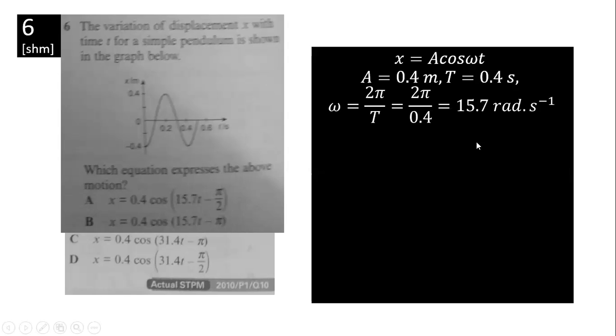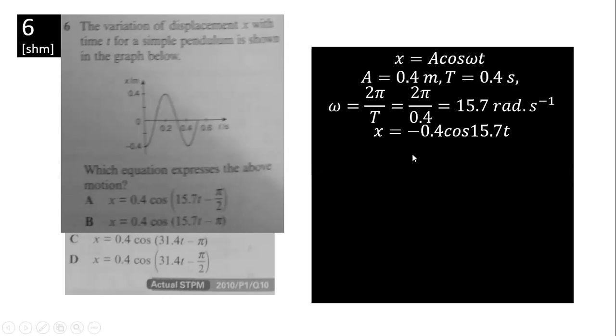Yep, what's the answer? A. Right, there's your cosine graph. A is 0.4. Period you should be able to read. Right, period, that's maximum to another maximum, is 0.4. Then you can calculate your omega, 2 pi over T, put in your T there, get 15.7.